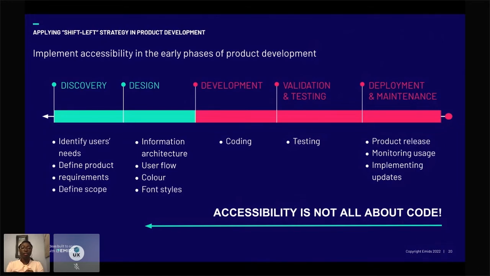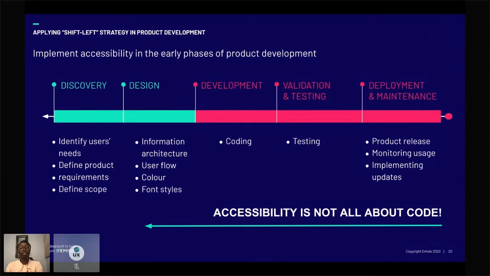And these are, interestingly, the most critical phases of implementing accessibility, and I'm sure that might be surprising to some of us, because for a long time, accessibility has been left to developers and QA.